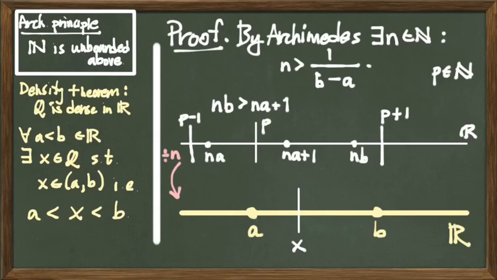But what that does do for us is it now turns these vertical bars that we had on this line from natural numbers into rational numbers. P minus 1 over n, and then p over n, and then p plus 1 over n, which we had up here.